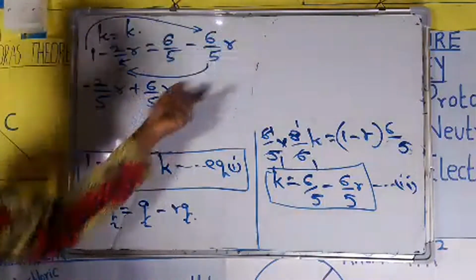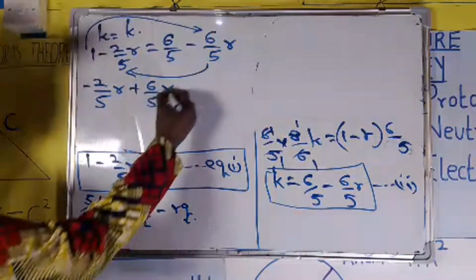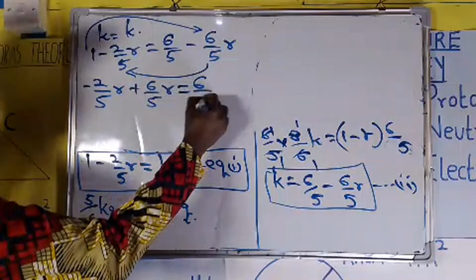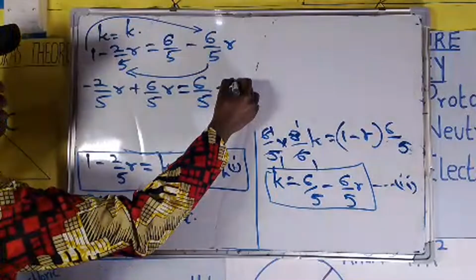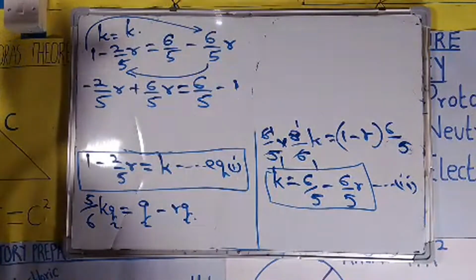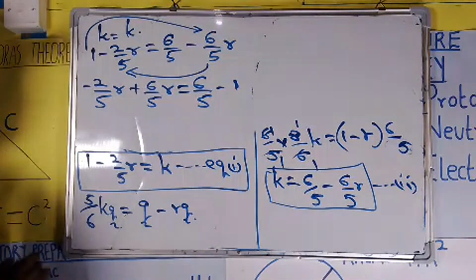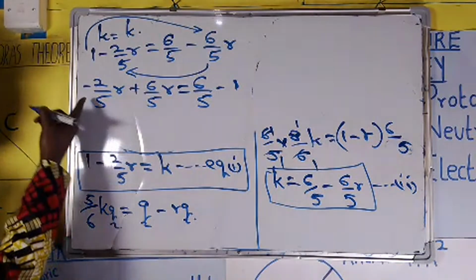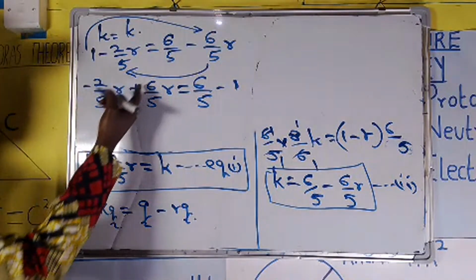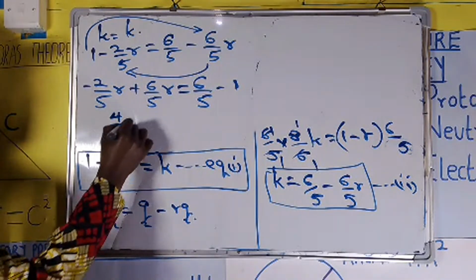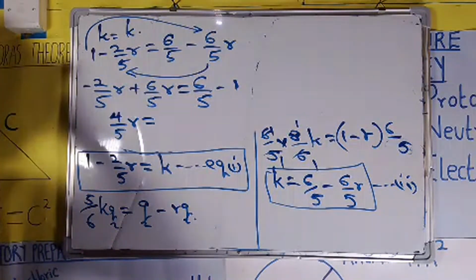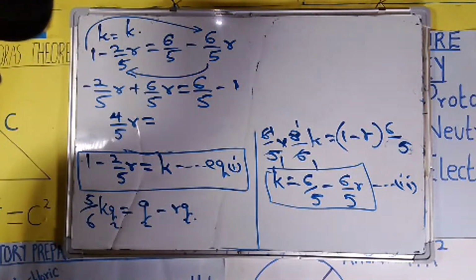Negative 6/5, when it comes to this side, becomes positive, is equal to 6/5. When we take this on the other side, it will be minus 1. And once it becomes like that, what is minus 2/5r plus 6/5r? This will be equal to 4/5r is equal to 6/5 minus 1.